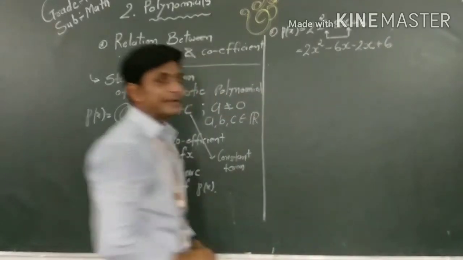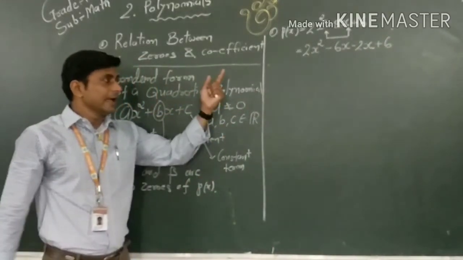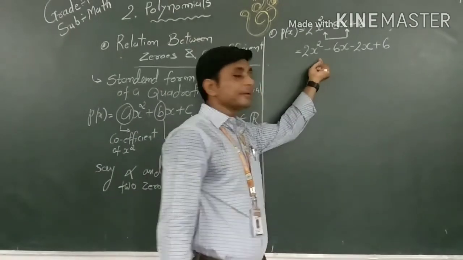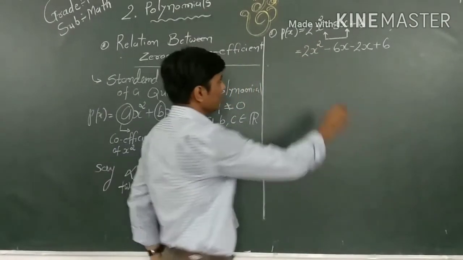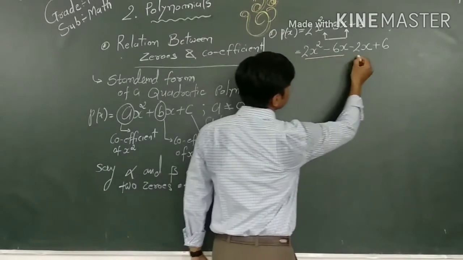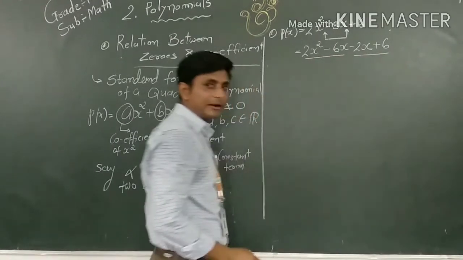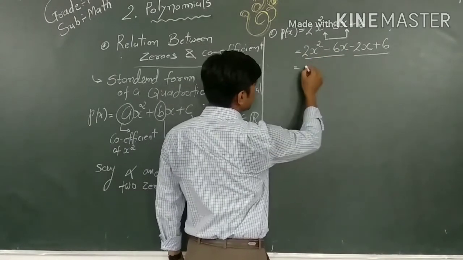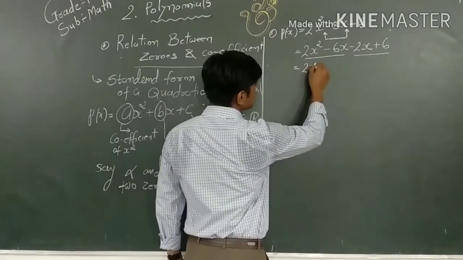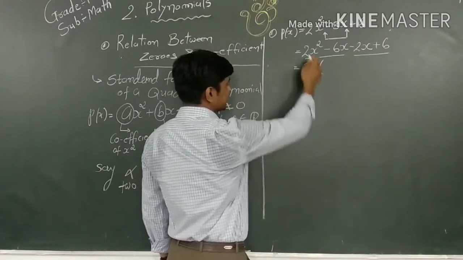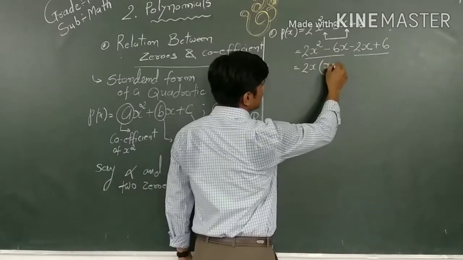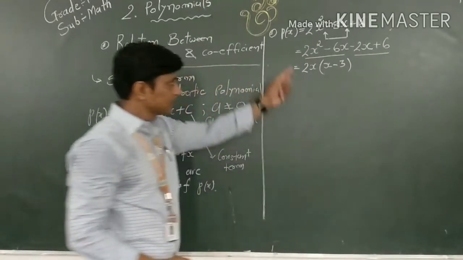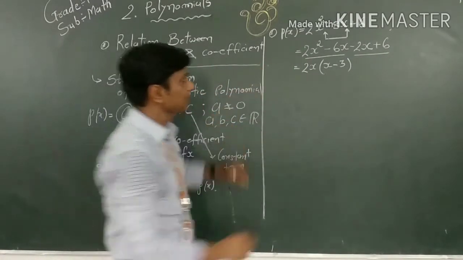This is the splitting method, and you all studied it in the previous standard 9. Now make groups and take common factors. What is common here? 2x is common, and the remaining part is x minus 3. Again we take common in the last two terms.